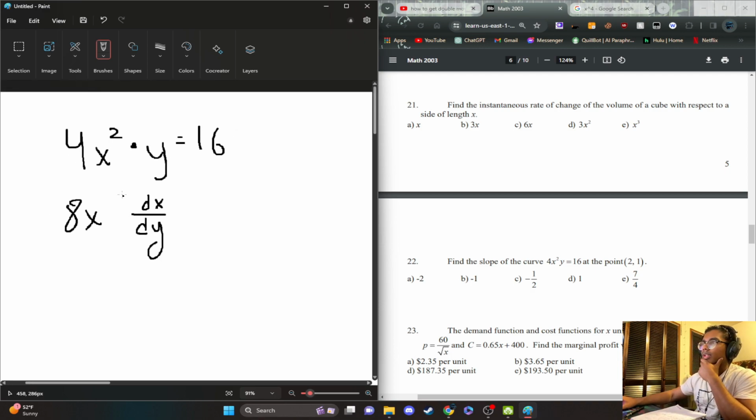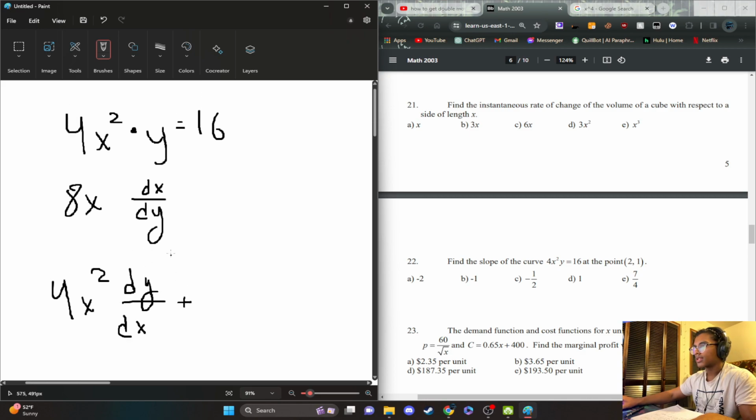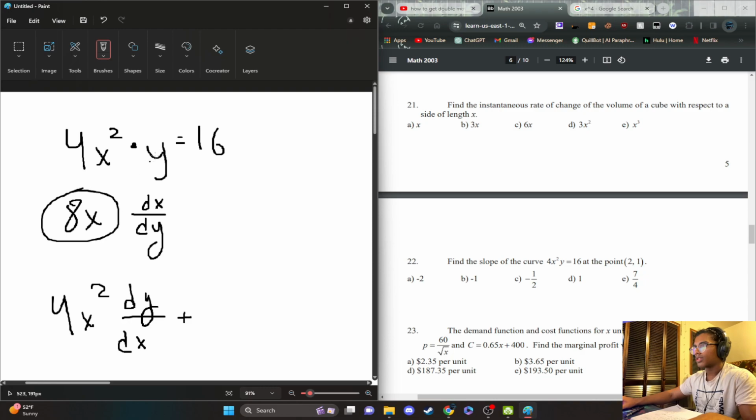With this, you have to use the product rule. What you get is 4x squared dy/dx plus these two numbers multiplied, which is 8x times y by itself, equals, and the derivative of 16 is 0.